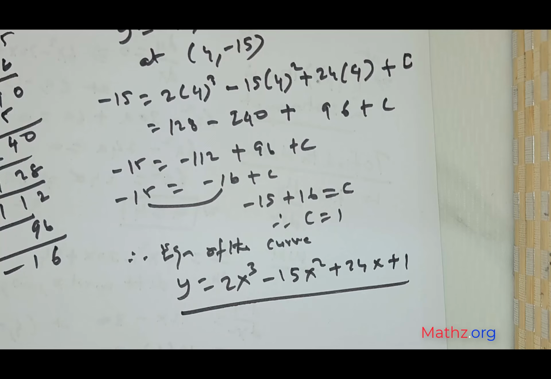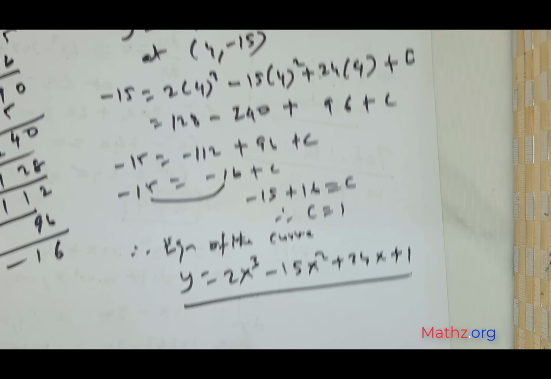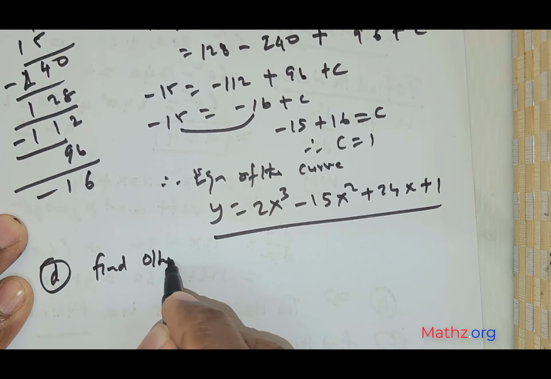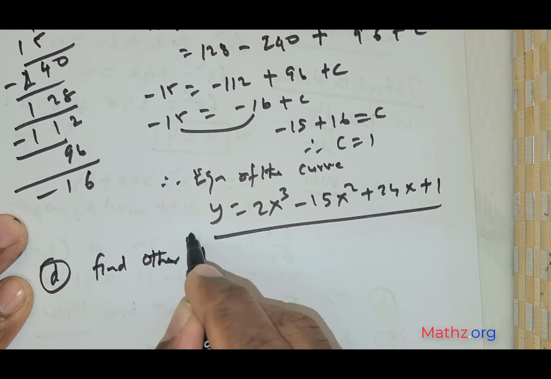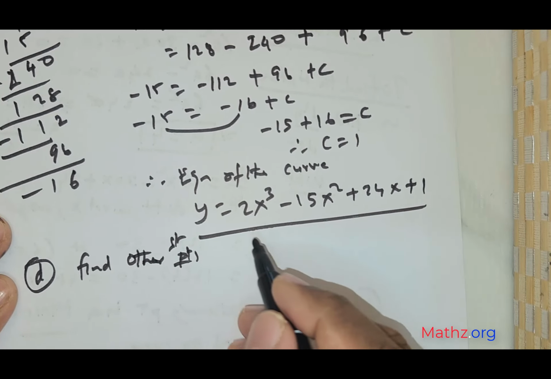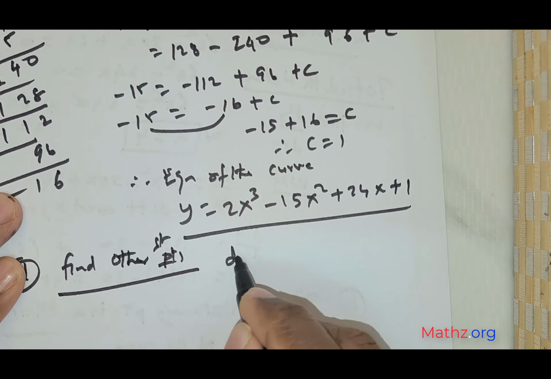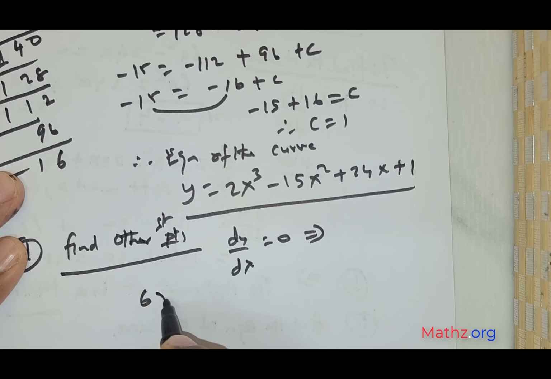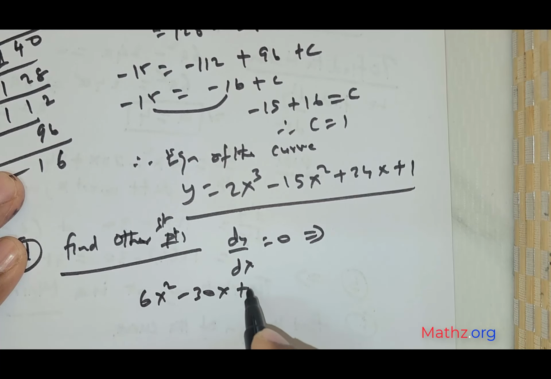So that is nice. Now the next thing is they are asking us to find any other stationary point. So this is D. Find other stationary points. Okay. So for that we take dy over dx is equal to 0. So this means 6x squared negative 30x positive 24 is equal to 0.